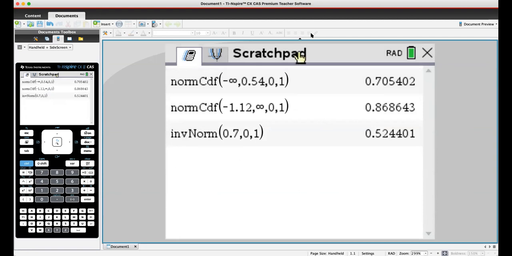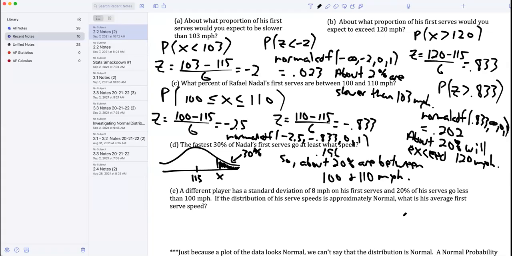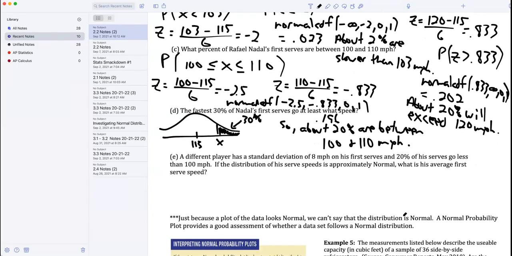Let me go back to the notes. Okay, so this is inverse norm. The area is 0.7 because it's the area to the left of the top 30%, and mu and sigma are 0 and 1. Student: Is it always to the left, just the area not included?